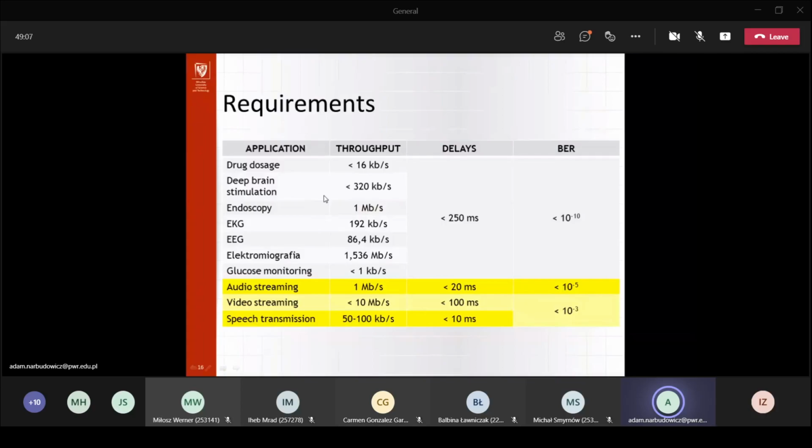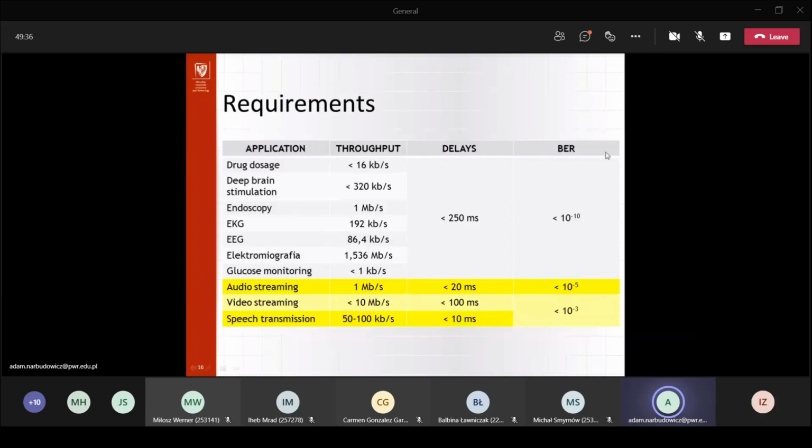But in general, especially in terms of drug dosage or deep brain stimulation, the amounts of required data are quite small. And also, as you can see, we can afford quite long delays, right? Simply because it's usually not so much a time critical application. However, when we need to be more critical is the low bit error rate.